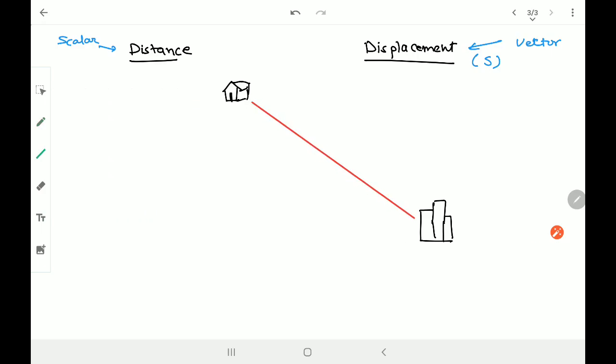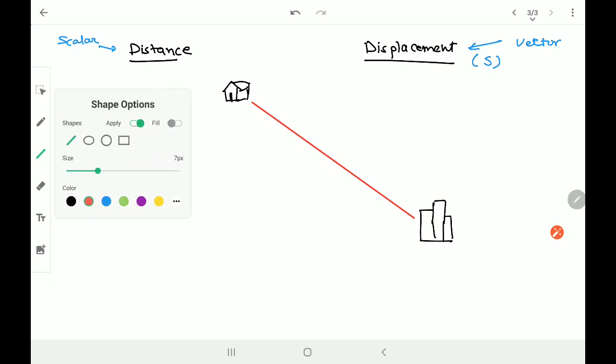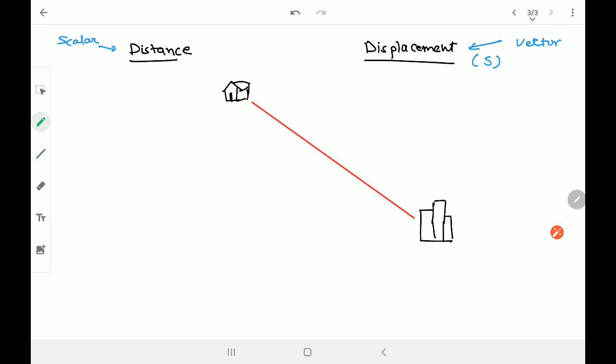In this way. Or my friend lives somewhere here, and I want to go to my friend so that I can give him the book, and then we together are going to go to the school.